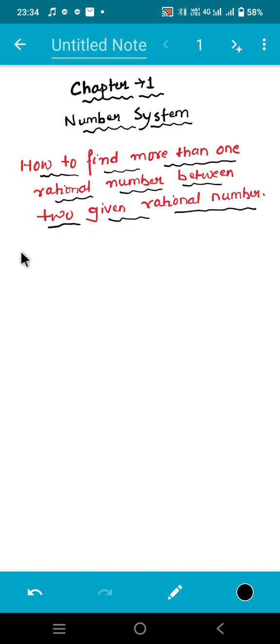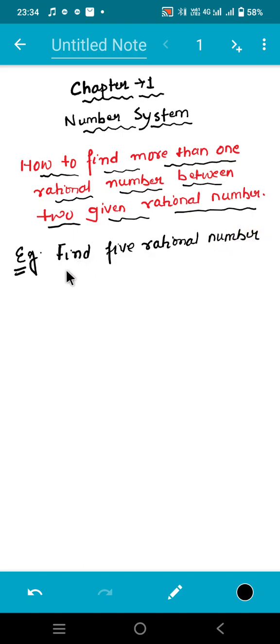Now, the first example: find five rational numbers between 3 by 5 and 4 by 5.